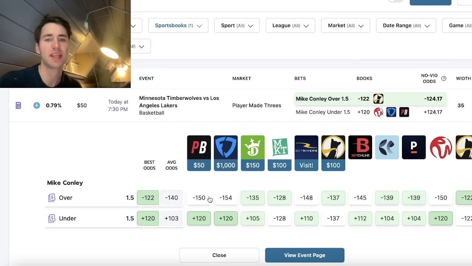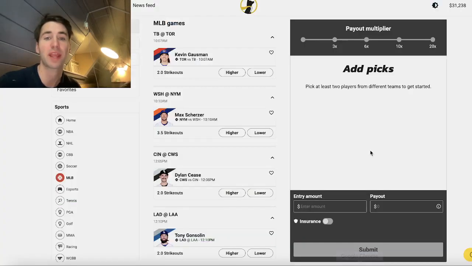So it's like having a bunch of different prices for a stock. FanDuel's telling us this stock's worth 154 bucks, PointsBet saying it's worth 150 bucks, and then it's like, do you want to buy this for 122 bucks on Underdog? Do you want to bet this at minus 122? And the answer is yes. Here it's pretty clear value at minus 122 in a 3-pick entry.